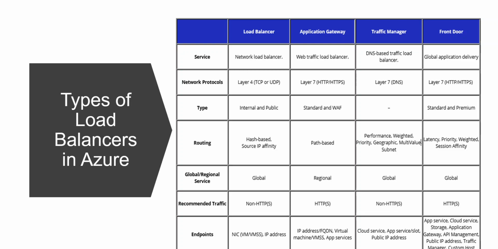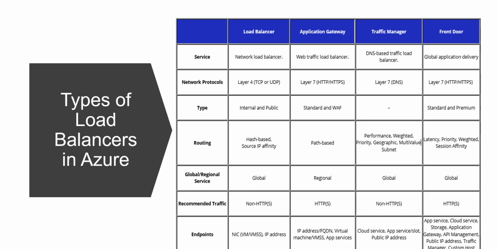The application gateway is used for HTTP or HTTPS traffic, but it's recommended for HTTPS traffic, and it's a layer 7 load balancer. There are many other load balancers used in some scenarios.